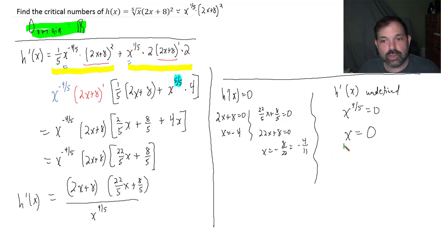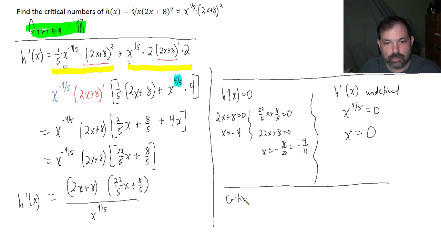But when x equals 0, the derivative is not defined. The derivative is undefined. So 0 is a critical number. So the critical numbers of h of x are x equals negative 4, negative 4/11, and 0.